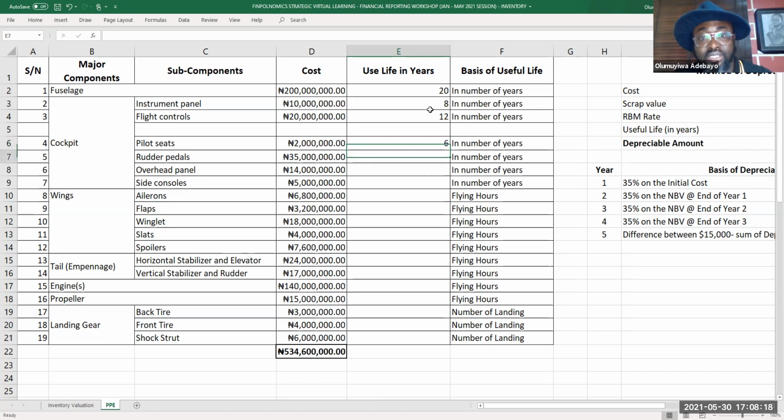to 6 to 10 to 15 to 5. Flying hours, they might tell you 12,000 hours, 5,000 hours.